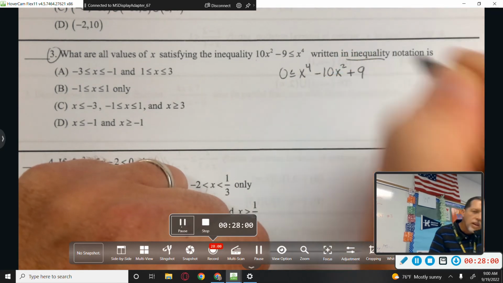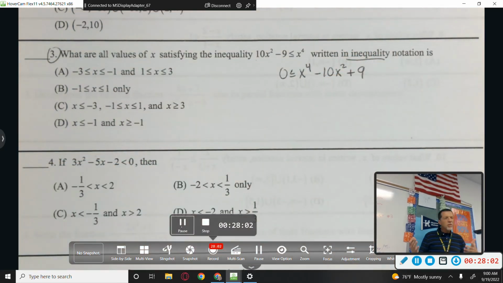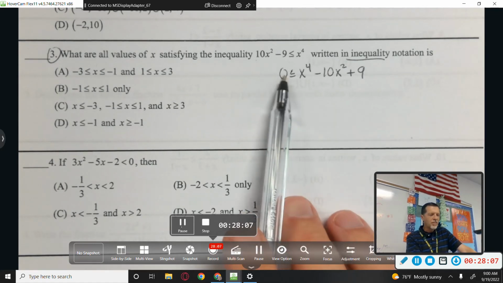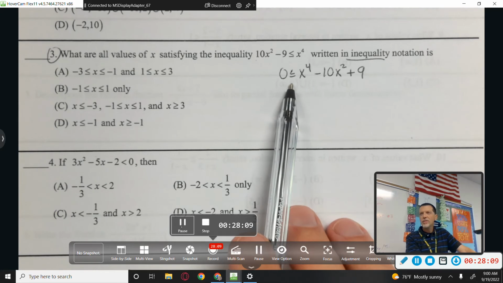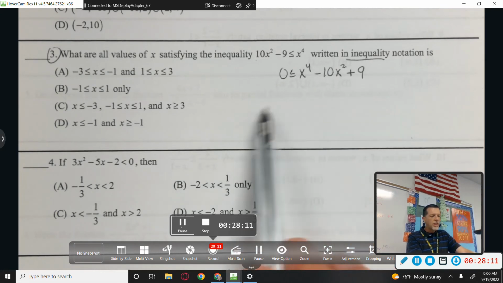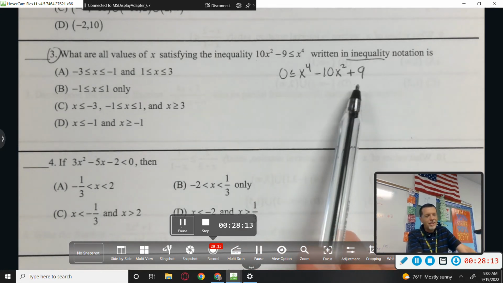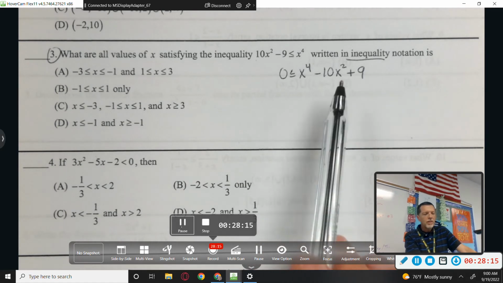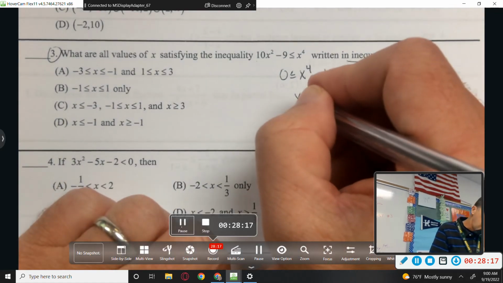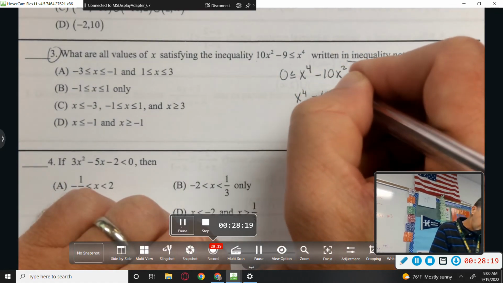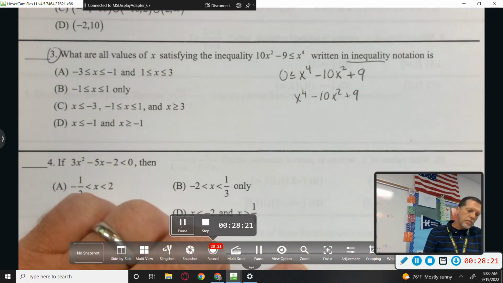The trick we need to be careful with is that it feels like this is on the side opposite of what it usually is. So you can either just deal with it as it is, or you could rewrite this inequality: x to the 4th minus 10x squared plus 9.